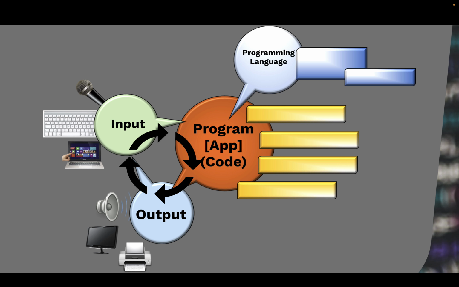Here, for the program and app, we again have a specific programming language that we're going to be utilizing, and every programming language is going to have a specific syntax. Syntax means that there are specific ways to write the commands, and every programming language has its fair share of different keywords to use.